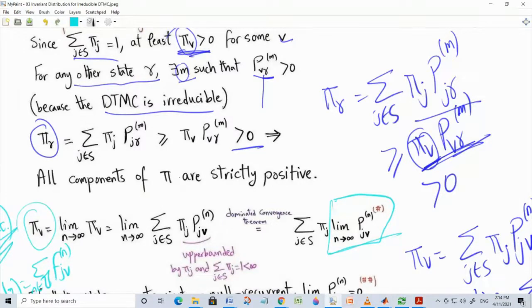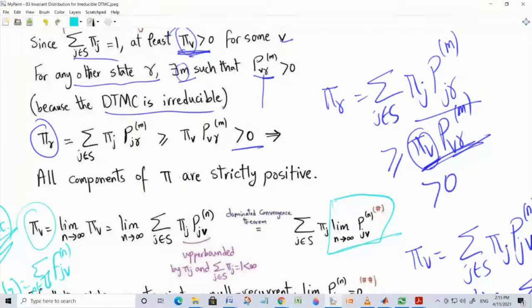We can bring the limit inside by the linearity of limit if the state space is finite. We can bring the limit inside by the dominated convergence theorem if the state space is infinite. Now, if you put the limit inside, and if you assume that every state is null recurrent or transient, we will have a contradiction because now the right-hand side will be 0 while the left-hand side is strictly positive.